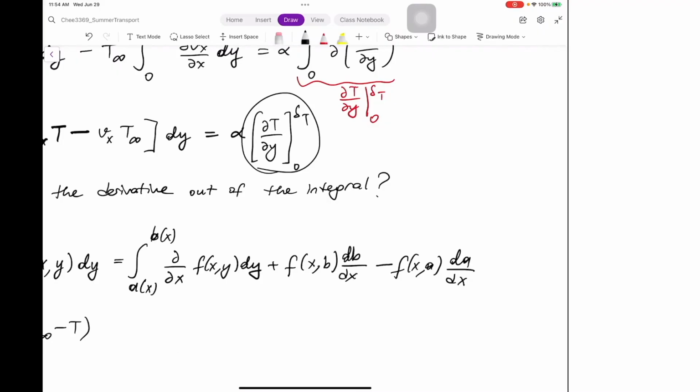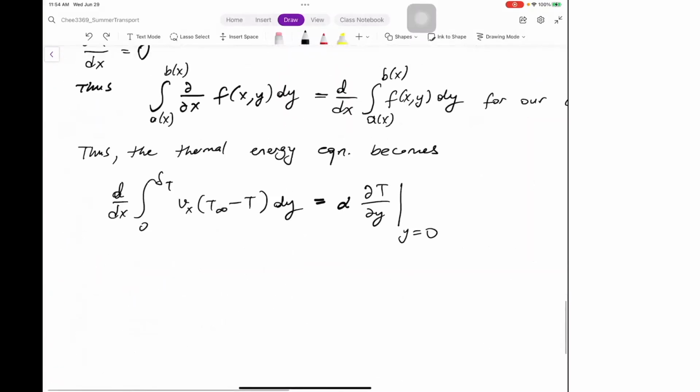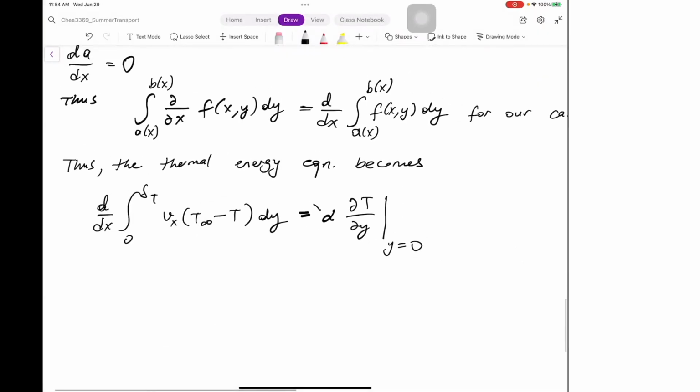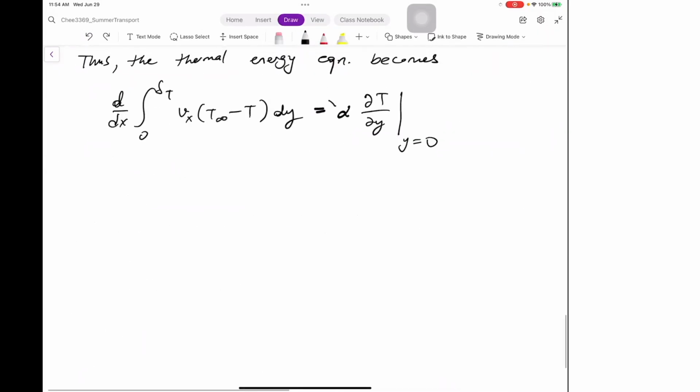That term becomes 0 when y is equal to delta t, because you know that the profile saturates and it doesn't change anymore. The gradient is 0 for delta t. So you can just write it at 0, but you need to subtract it, right? So there must be a minus sign here. But I actually took it into account by replacing the positions of the two things. Instead of t minus t infinity, I used t infinity minus t, so that accounts for the change in sign.